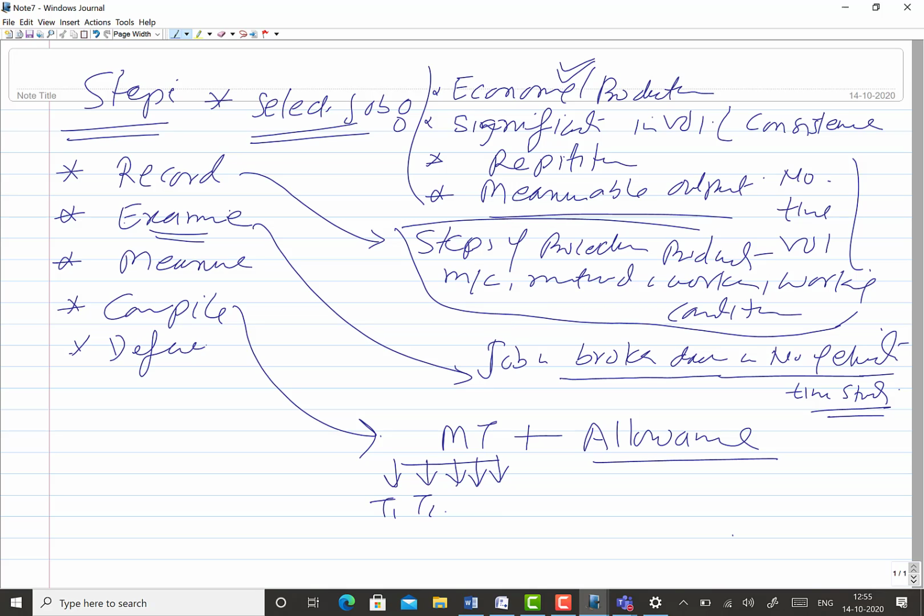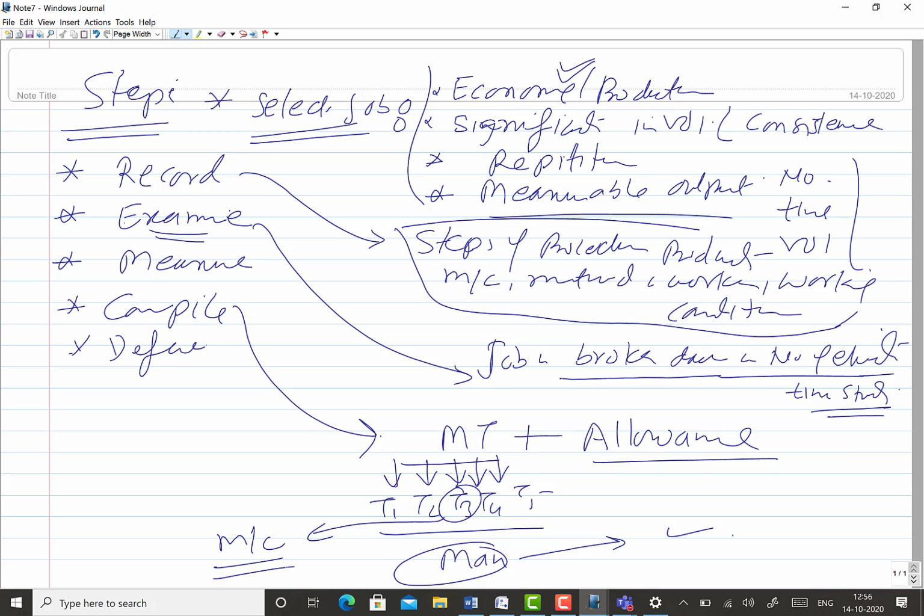Like T1, T2, T3, T4, T5, like this, time for the different elements depending upon the nature, plus allowances. If you see, only for the man elements, the time for the elements done by the man, allowances are considered. Time being taken by the machine elements, no allowances given. Okay, this is important. I will talk about this later.